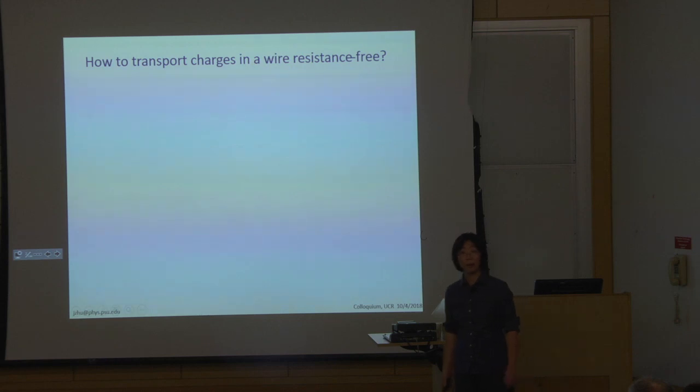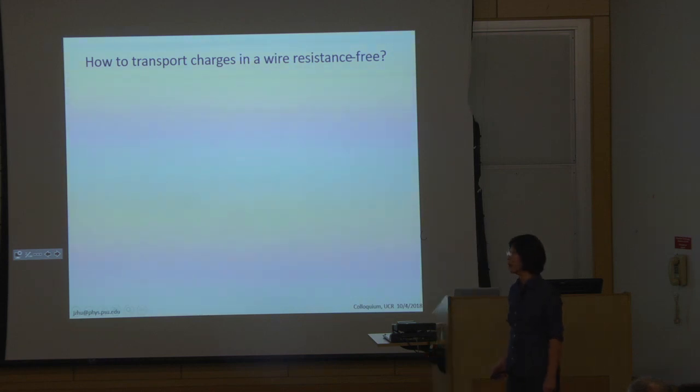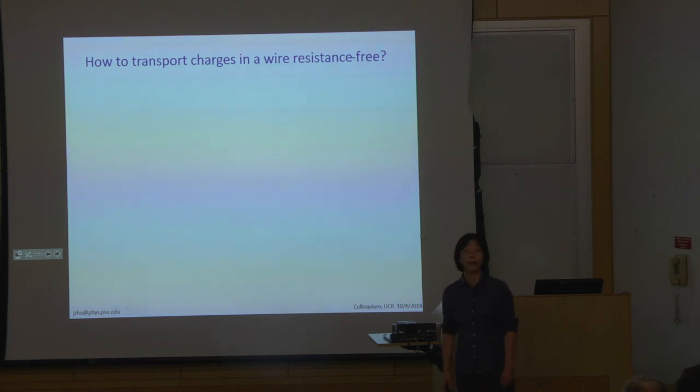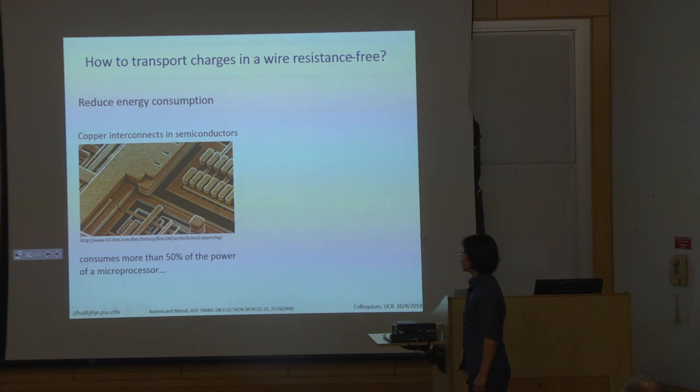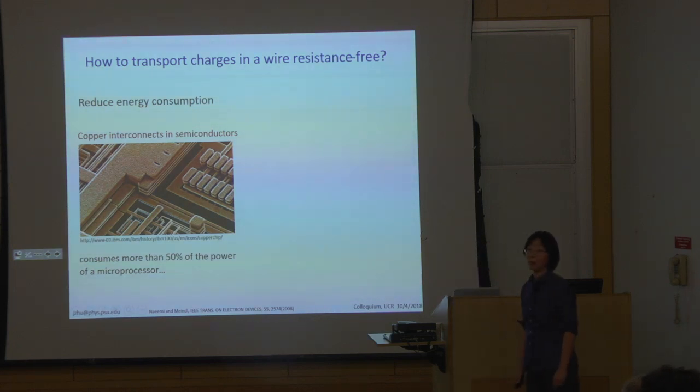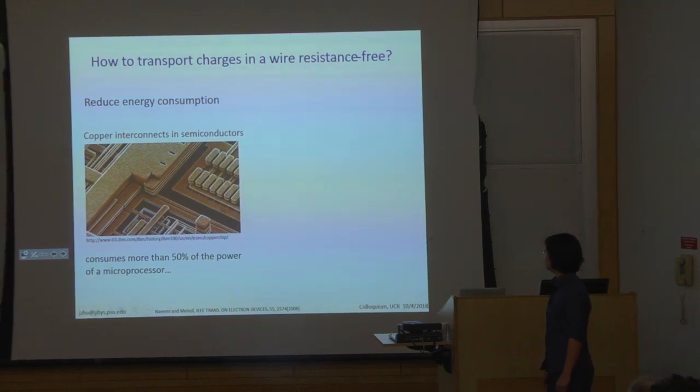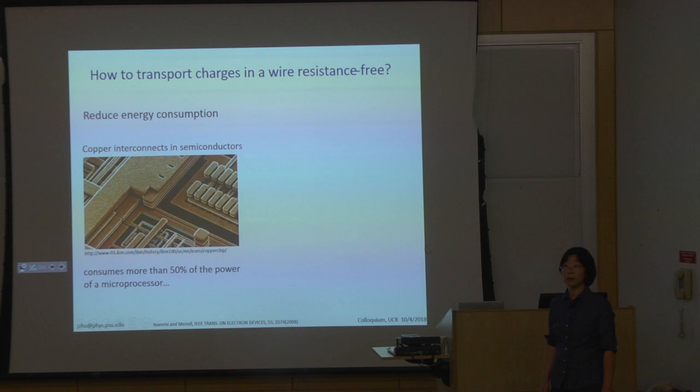To start, I want to pose a more general question, which is how do we transport charges in a wire resistance-free? This question is important for a couple of reasons. We have computers with millions and millions of transistors on the chip.